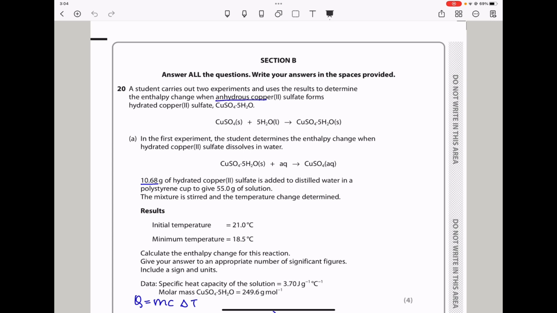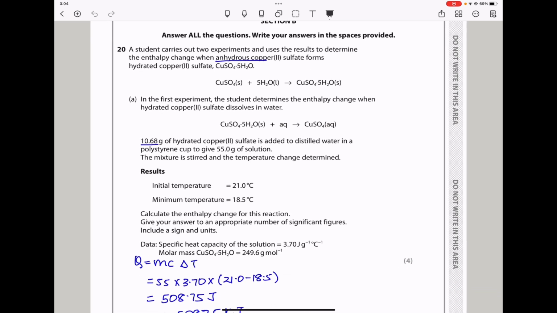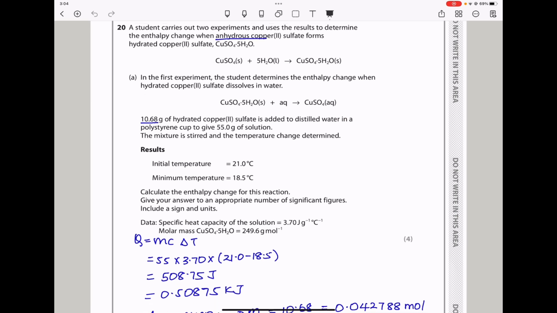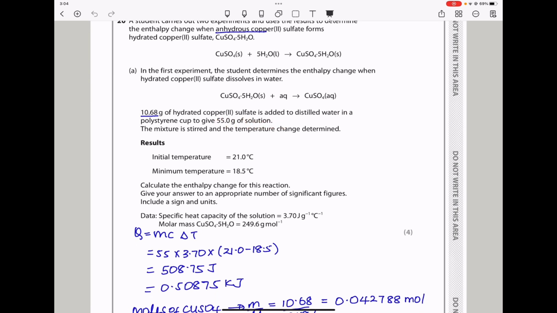Question 20. A student carries out 2 experiments and uses the results to determine the enthalpy change when anhydrous copper 2 sulfate forms hydrated copper 2 sulfate, which is that. That is the reaction. In the first experiment, the student determines the enthalpy change when hydrated copper 2 sulfate dissolves in water, which is that. So they say 10.68 grams of hydrated copper 2 sulfate is added to distilled water in a polystyrene cup to give 55 grams of solution.